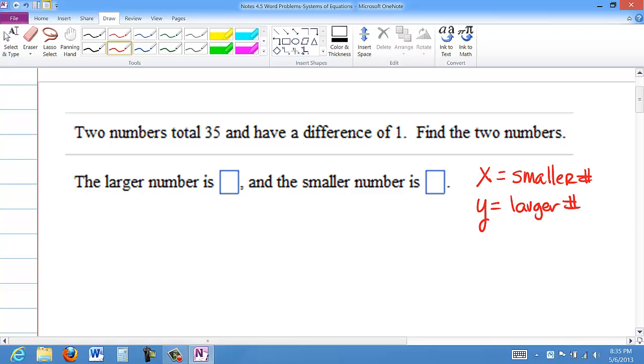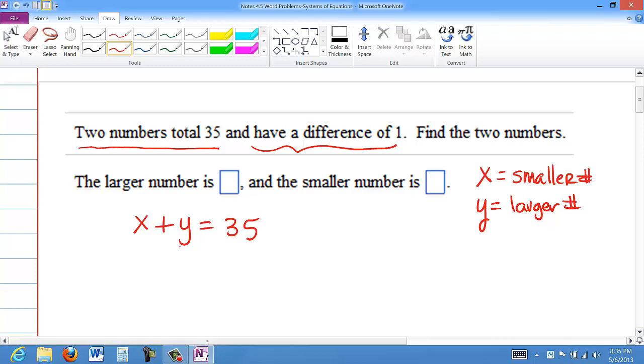The second step, since I have two variables, I need two equations. Well, I have two relationships in the problem. The first one is the two numbers total 35, which means when I add them together, x plus y, it's going to equal 35. They also have a difference of 1.